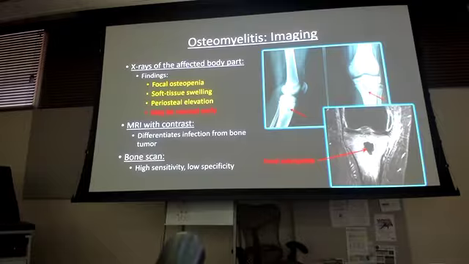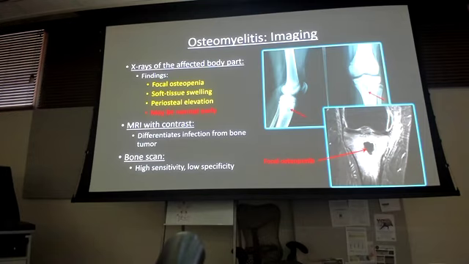Their hips are going to glow, their ankles are going to glow, everything's going to glow, because bone scan will show uptake in areas of increased metabolic activity. So bone scan may not necessarily be the best study, but it can help you, if you need it, to differentiate between some conditions as well.